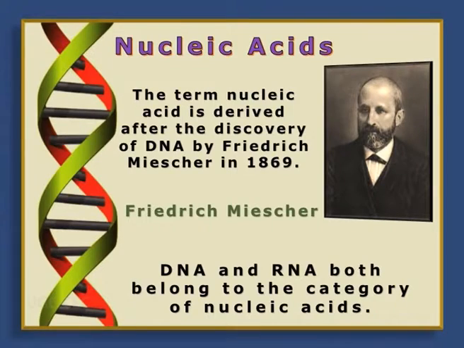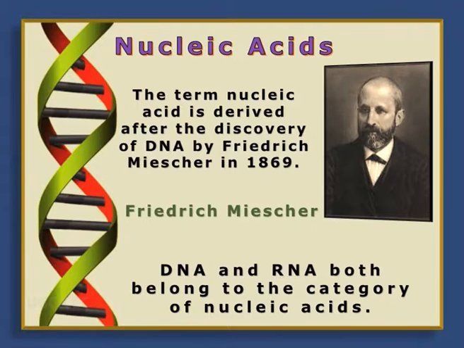Now let us first move to the first slide, showing the photograph of a very famous scientist. The photograph belongs to Johannes Friedrich Miescher, a Swiss physician and biologist who first coined the term nuclein. The term nucleic acid is derived from nuclein, and he was able to isolate a phosphate-rich compound which was acidic in nature from the nuclei of white blood cells.